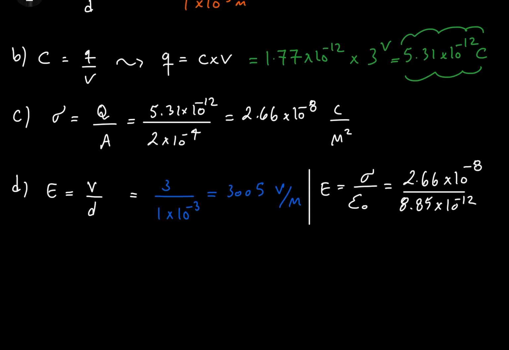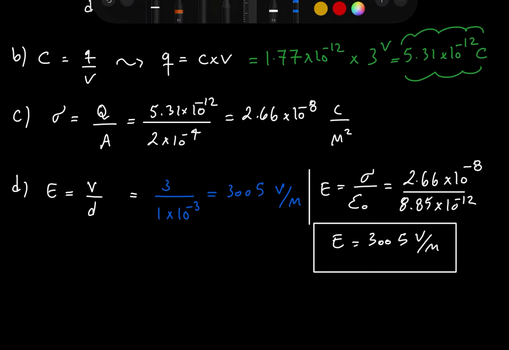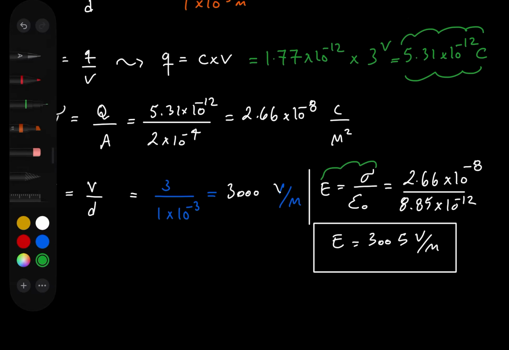If you were to divide that, you would get a value of 3005 volts per meter. So here, as you can see, they're kind of similar to each other, and the electric field can be found using both ways. Here, just a correction. The electric field here would have to be about 3,000 accurately volts per meter. But as you can see, the numbers are very close to each other, and you can also find the electric field using the second formula.